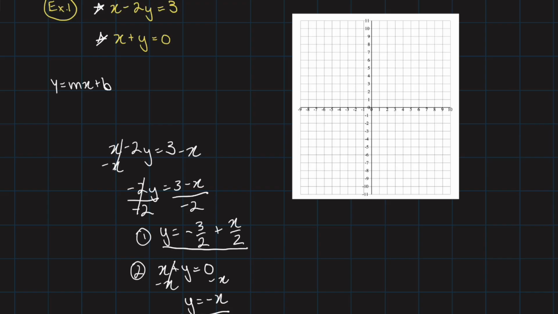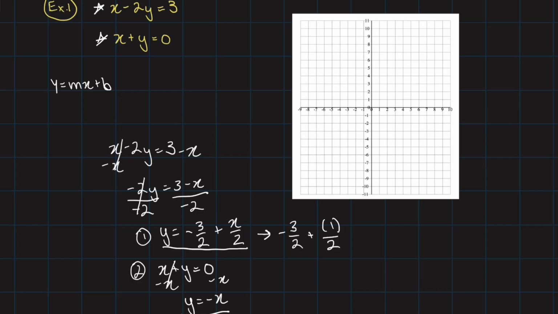Let's start with this first equation. To find y, we need to put in random values for x. So we can have negative 3 over 2 plus 1 over 2 when x is 1. So when x is 1, which is here on the graph, what is y?